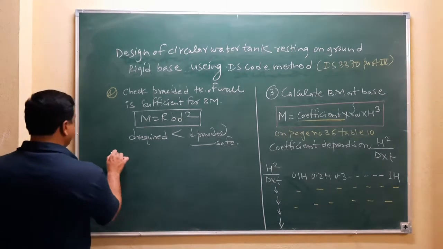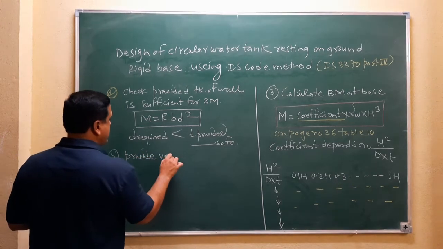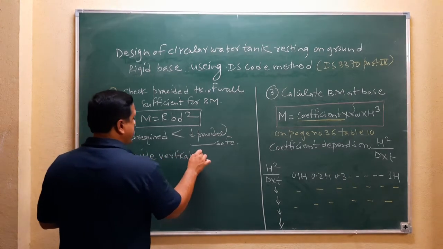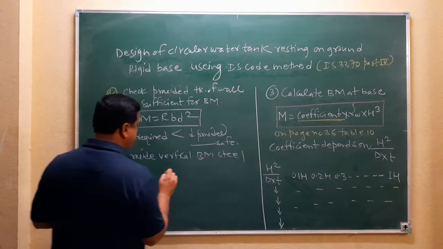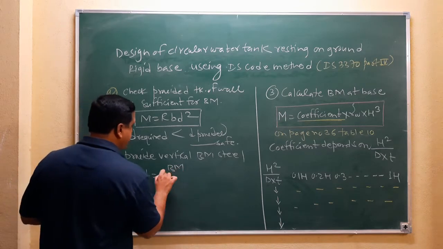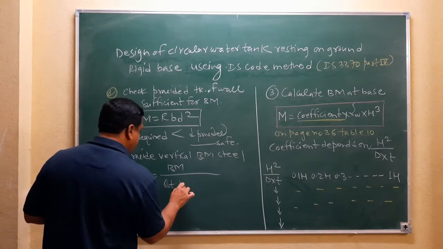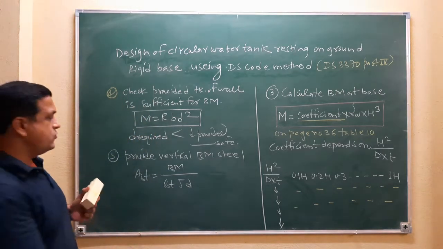And finally, in step number 5, provide vertical bending moment steel. How is it provided? Ast is equal to bending moment divided by sigma st into j into d.